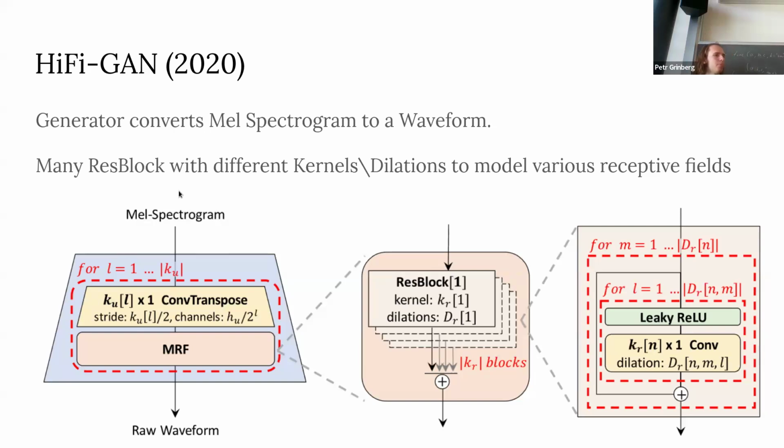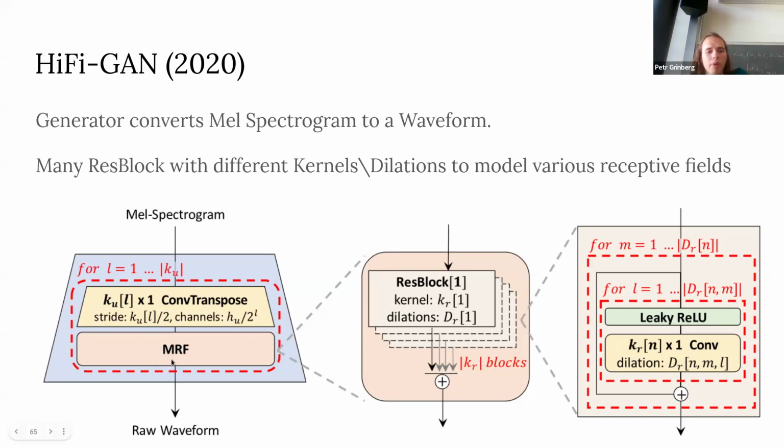So you have your input, you apply one res block, then the output is passed to the second res block, and so on. Each res block contains transposed convolution to upscale your Mel spectrogram, so to increase the length of your output, and a so-called multi-receptive field module, MRF, don't remember exactly what the letters stand for.